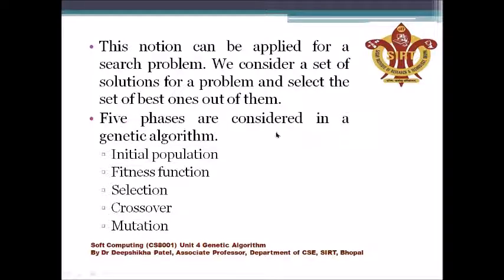There are 5 phases considered in a genetic algorithm. First of all, we have to initialize the population. So the first phase is initial population, second is fitness function, third is selection, fourth is crossover, and the last one is mutation. Here I am going to explain all of these one by one.